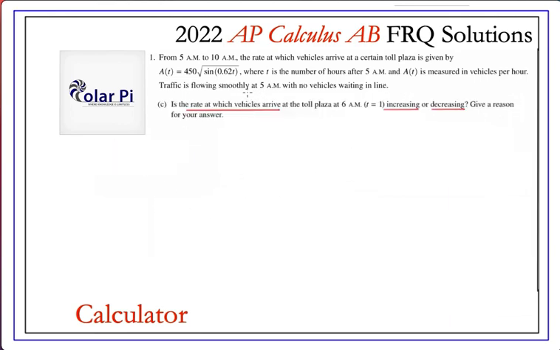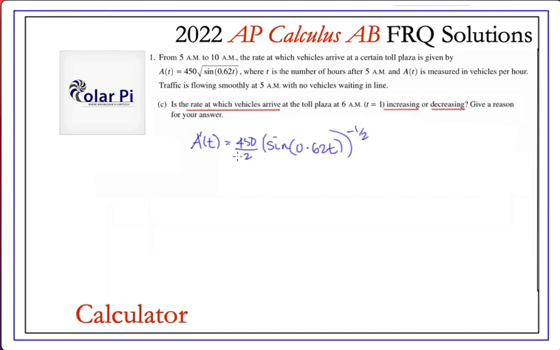Next part is the rate at which vehicles arrive. So that's A of t. Is that increasing or decreasing? If we want to know if a function is increasing or decreasing, we look at its derivative. In this case that would be A prime of t, which is going to be 450 over 2, times sine of 0.62 t to the negative 1/2.